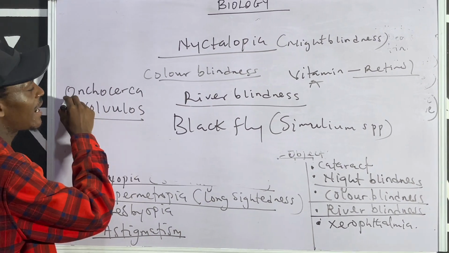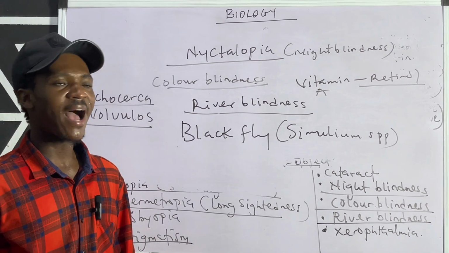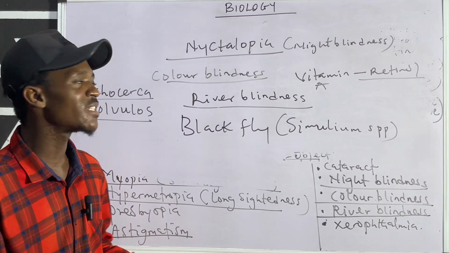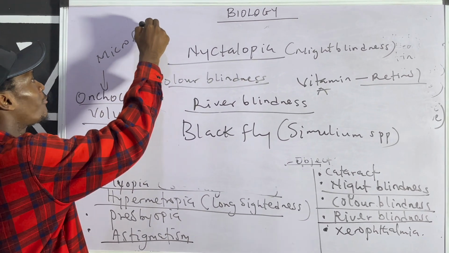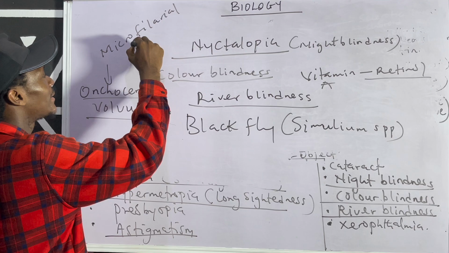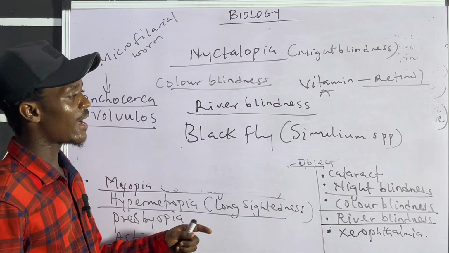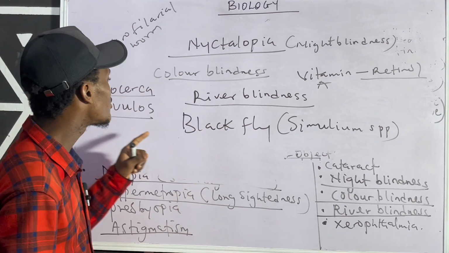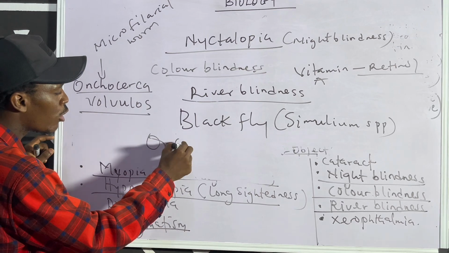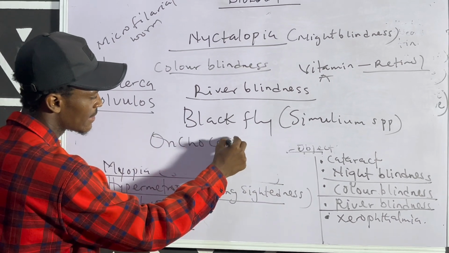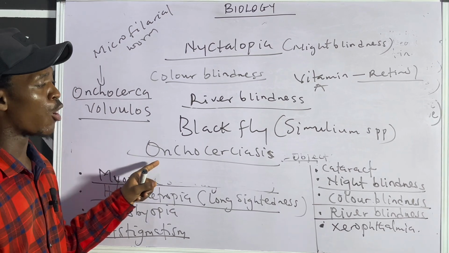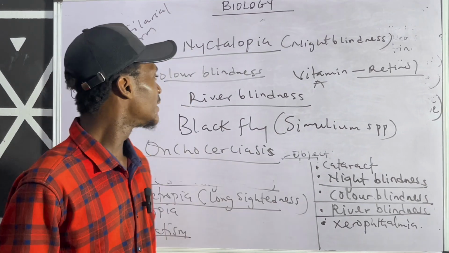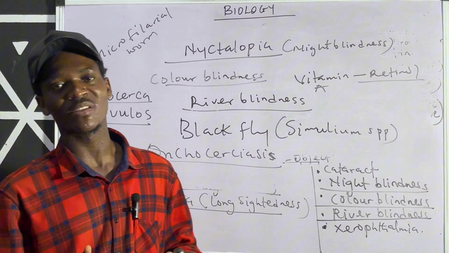This Onchocerca volvulus is actually the causative agent, the microfilarial worm that causes this river blindness, which is known as onchocerciasis. So another name for river blindness is called what? Onchocerciasis.